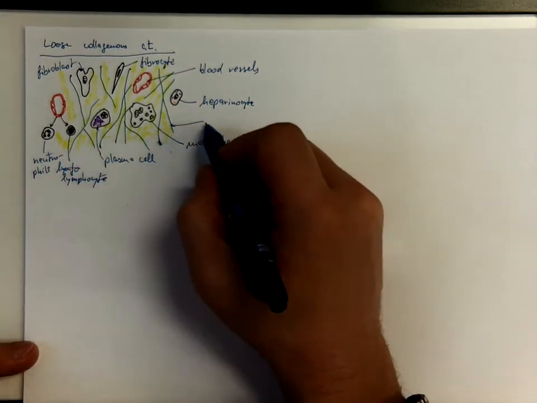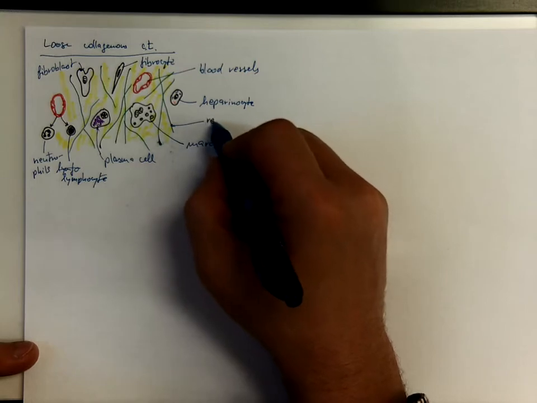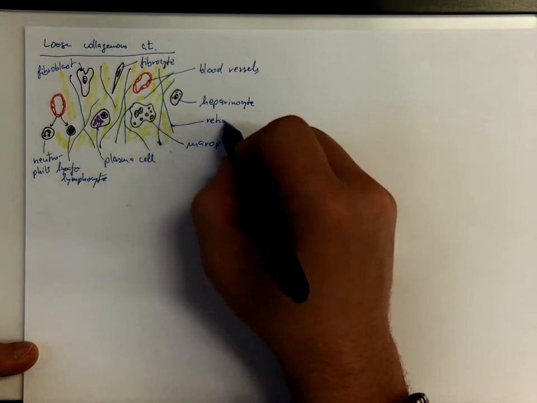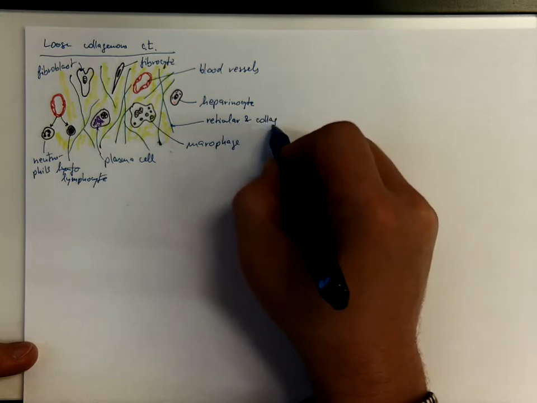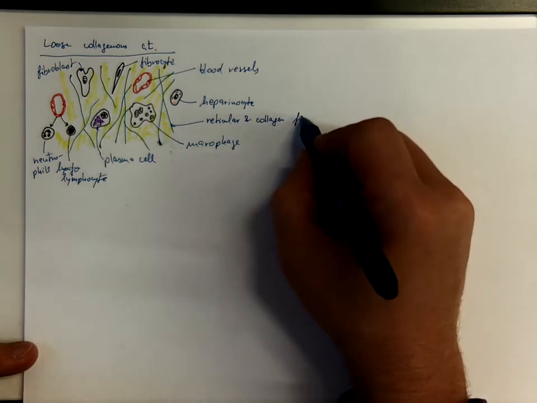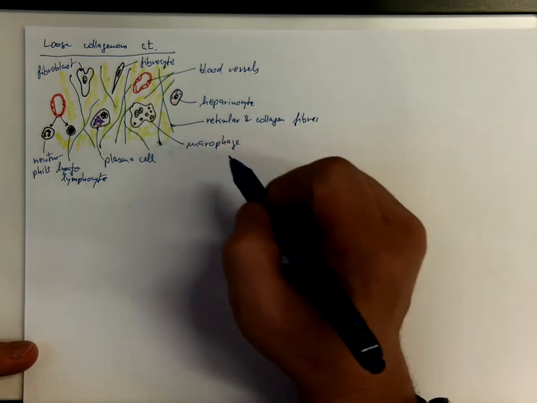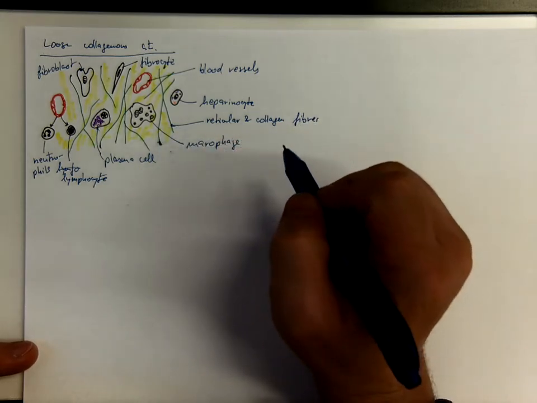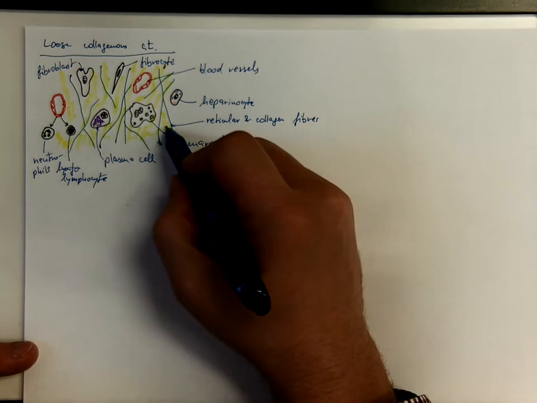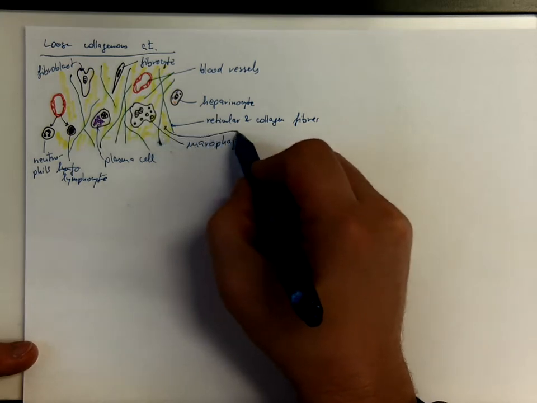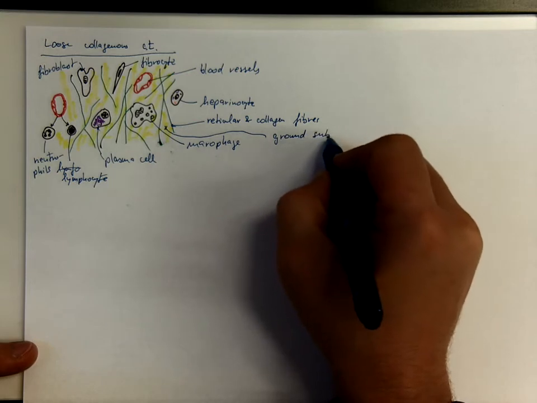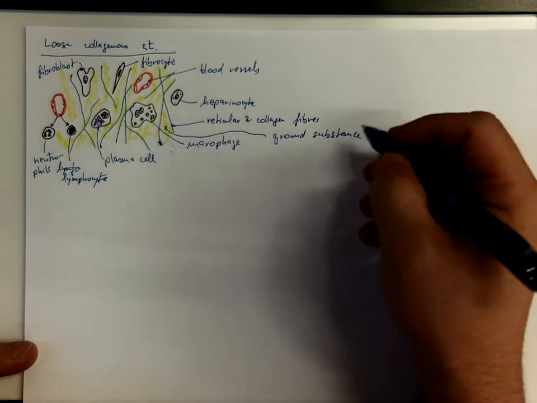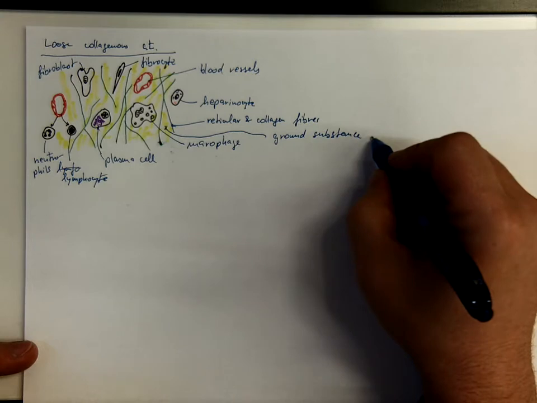The fibers are predominantly reticular and collagen fibers. Especially thin fibers, and there is a large fraction of the ground substance and the tissue fluid.